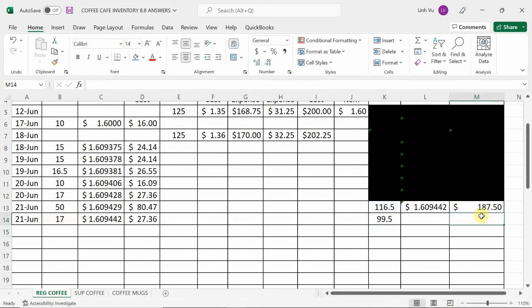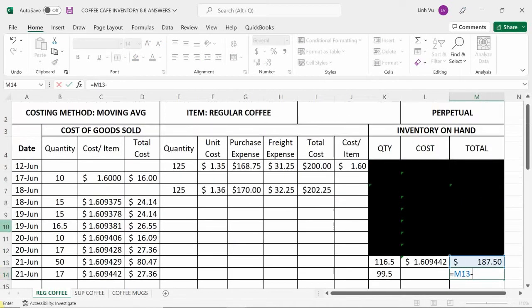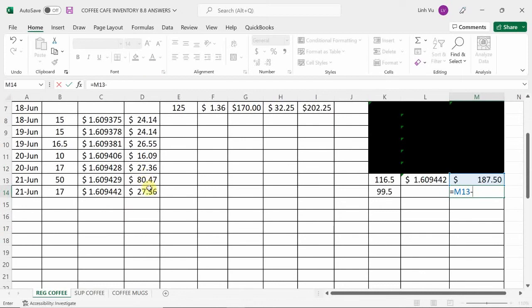Okay, what's my total cost if I'm at 187.50 and I just sold $27.36? 160.14.